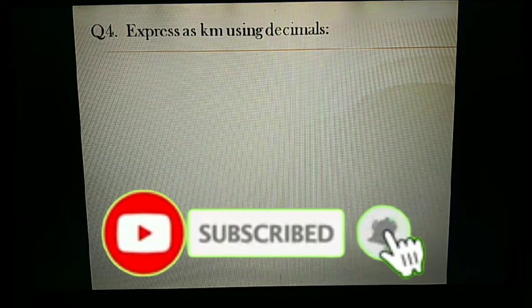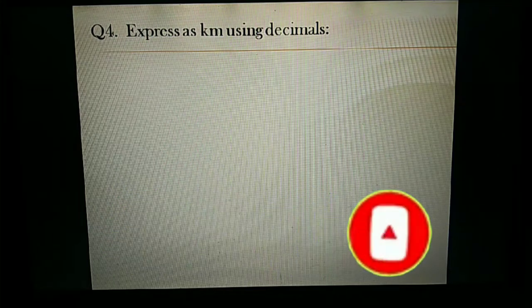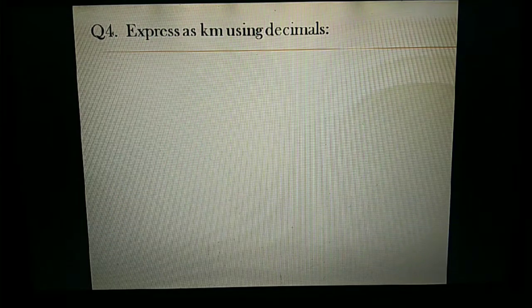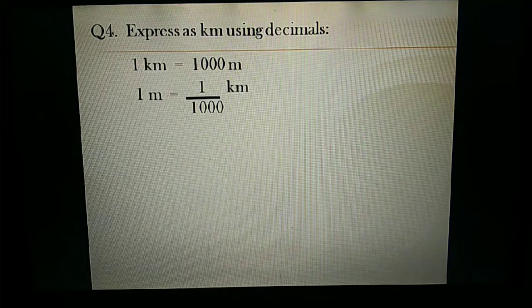Next, express as kilometer using decimals. The values are in meter. We have to convert it into kilometer. Relation is 1 kilometer means 1000 meter. So 1 meter means 1 upon 1000 kilometer.